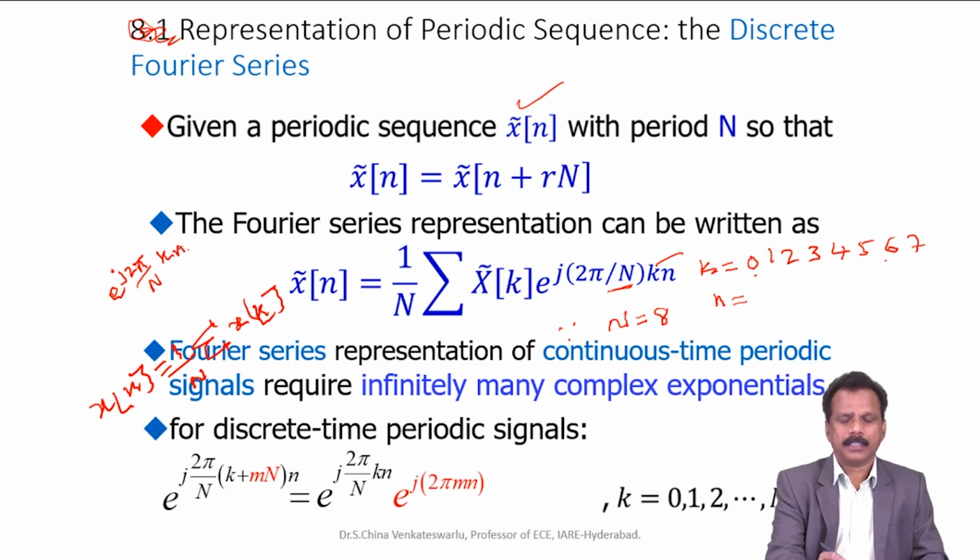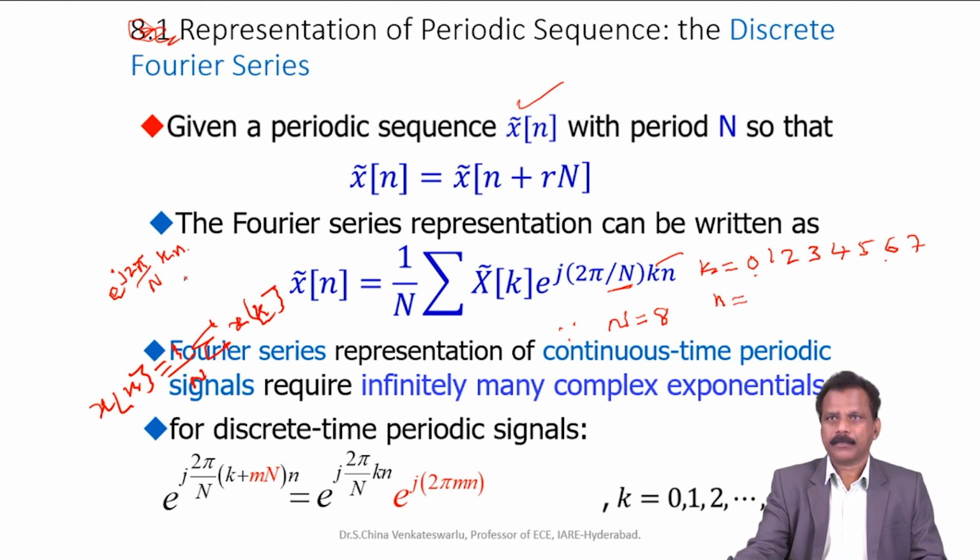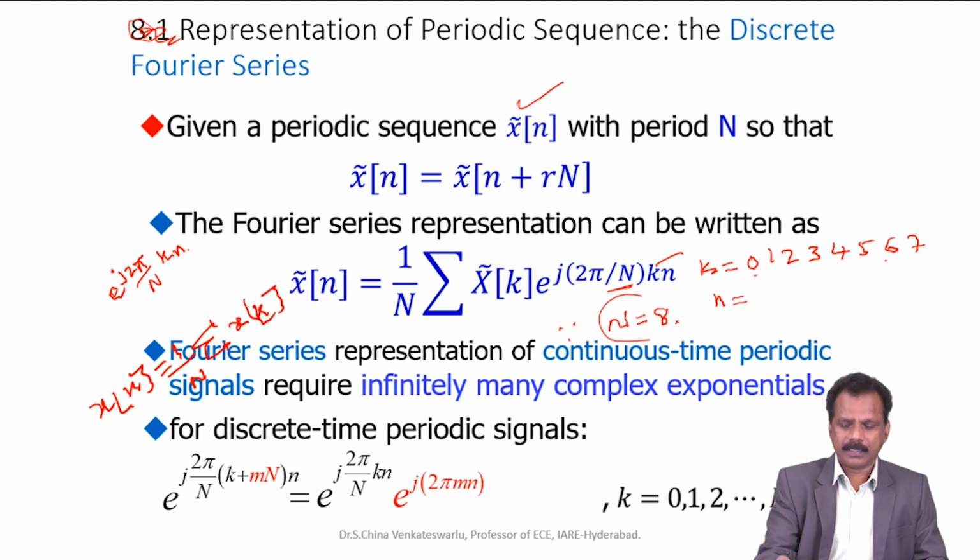So the k value is substituted as k equal to 0, 1, 2, 3 up to N minus 1. Here with N as 8, it goes up to N minus 1, which is 7.